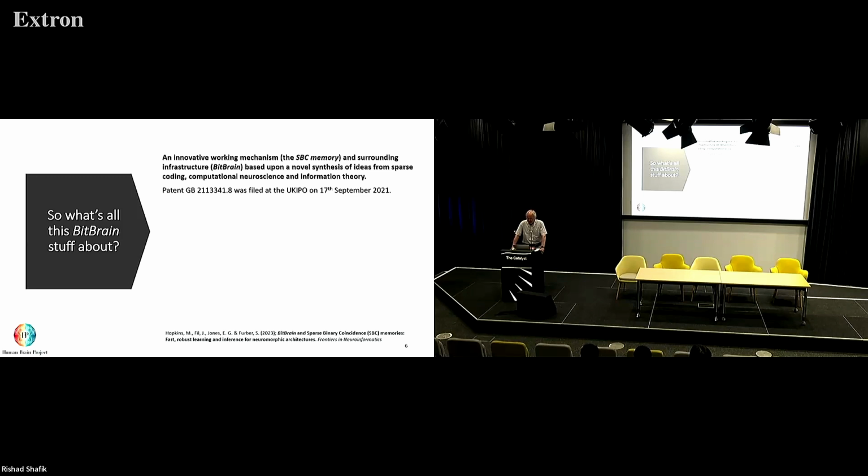We're putting together ideas from computational neuroscience and information theory into this. And we filed a UK patent, which is currently at PCT stage, so getting expensive. What this memory supports, which we can demonstrate, is single pass learning in the supervised mode, so that we can basically train it on data sets with one instance of each training sample exposed to the system. The result is accurate inference.